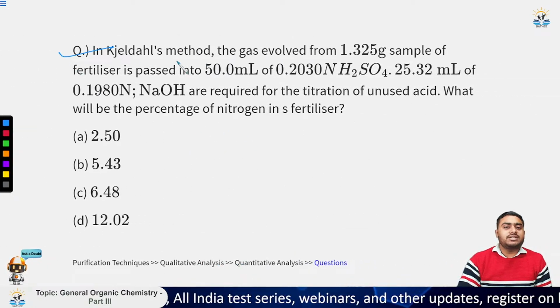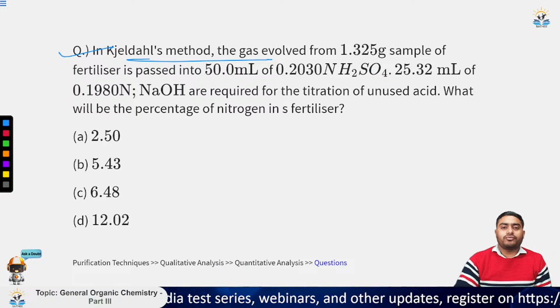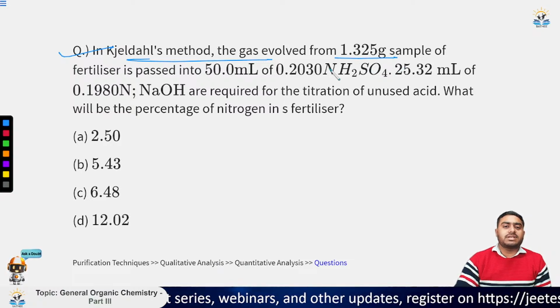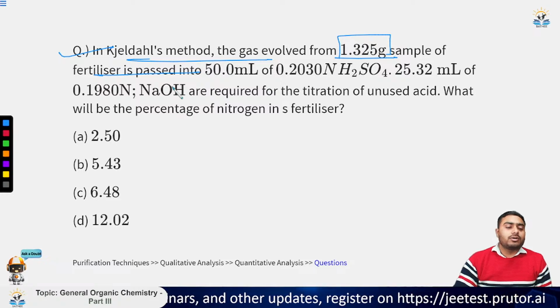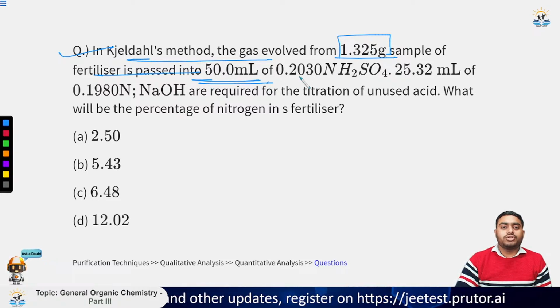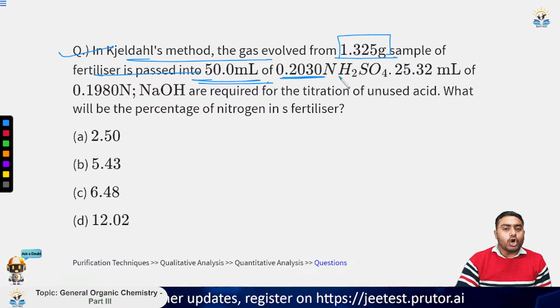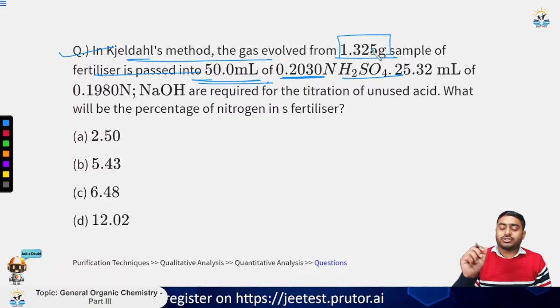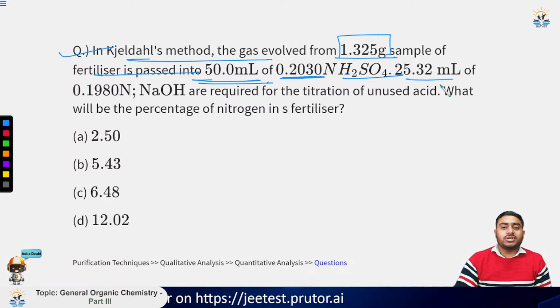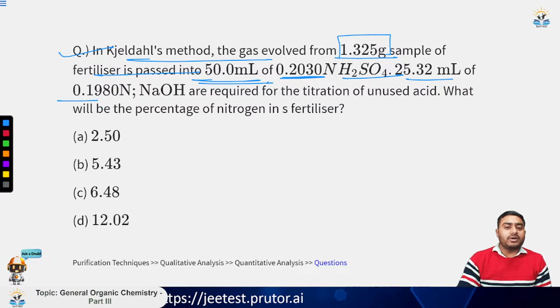The next question is, in the Kjeldahl method, the gas evolved from a 1.325 gram sample of fertilizer is passed into 50 ml of 0.2030 normal H2SO4. 25.32 ml of 0.1980 normal NaOH are required for the titration.